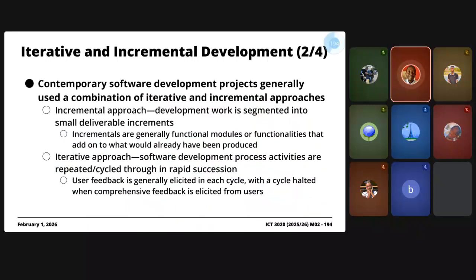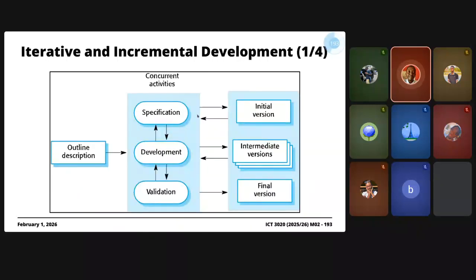If you notice what is in the middle here, we have a series of concurrent activities that can be mapped onto the SDLC phases. Also important, on the far right here, are what we're calling versions: an initial version, intermediate version, and final version.